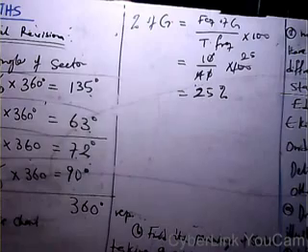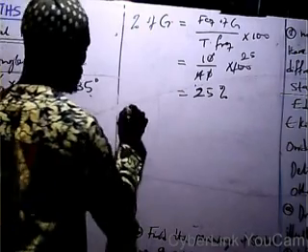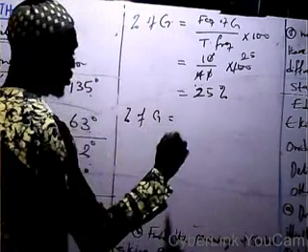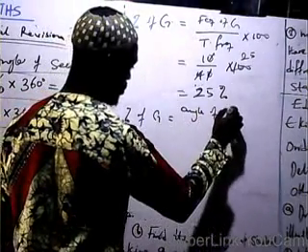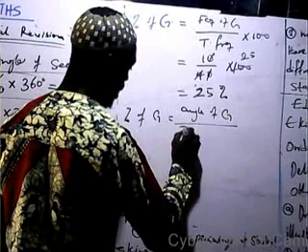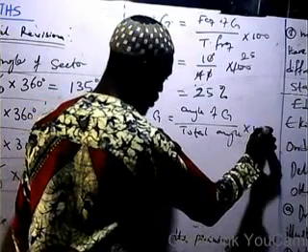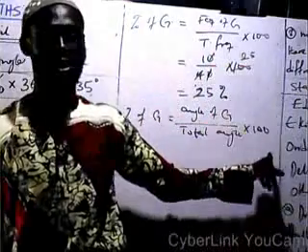Let's quickly use the angle. Percentage of grade equals angle of grade over total angle multiplied by 100. We are multiplying by 100 because 100 is the percentage.